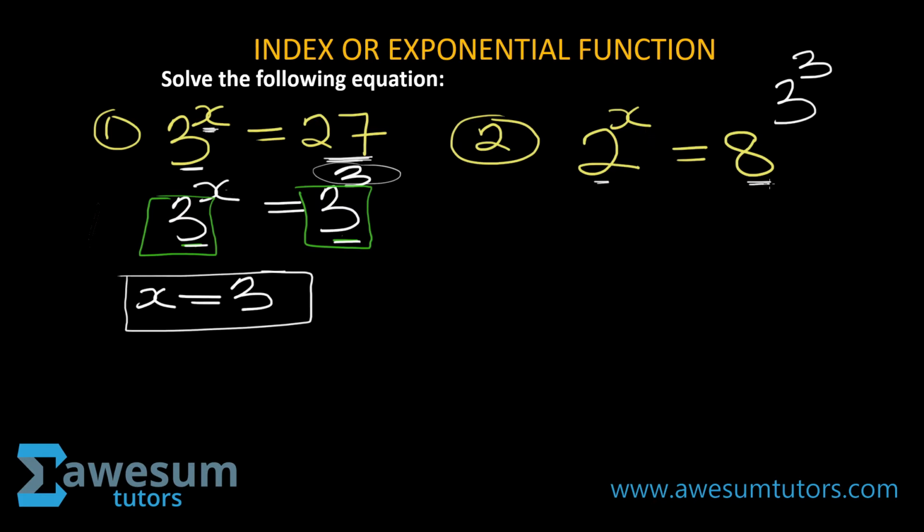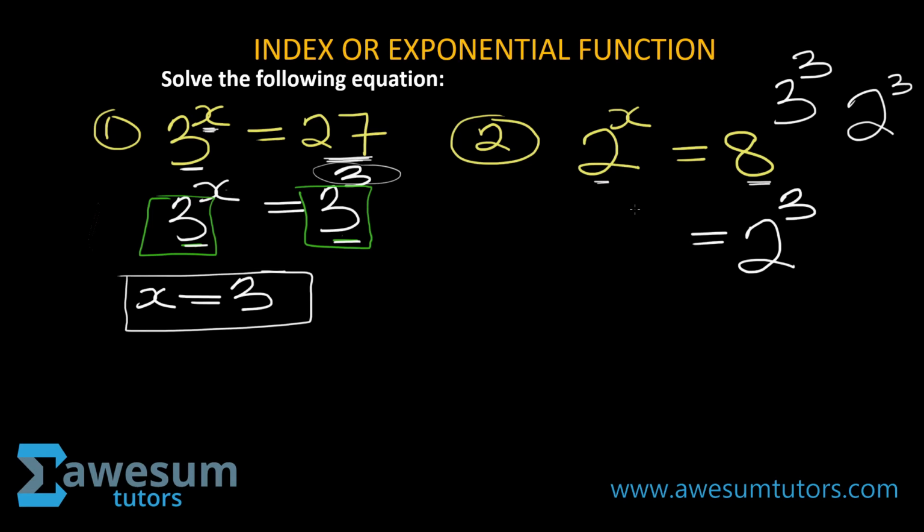Can I express 8 as a base of 2? Yes, I can. 8 can be taken as 2 raised to the power of 3. In this case, your knowledge of the multiplication table is very needed right here. So that means this 8 can be expressed as 2 raised to the power of 3.